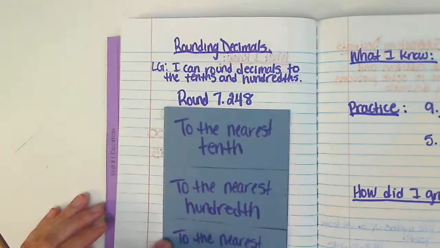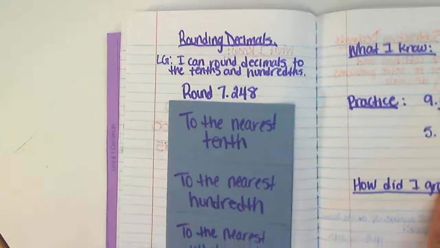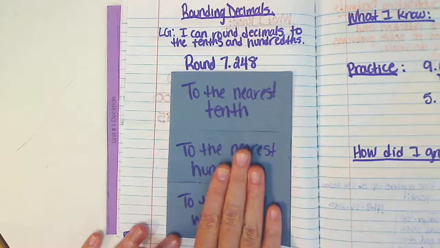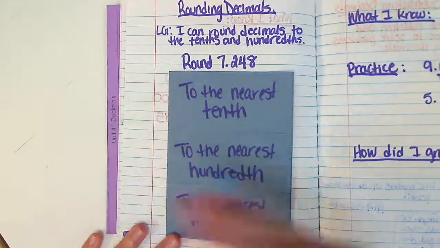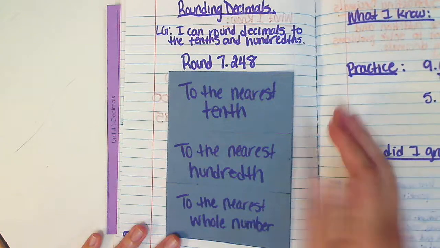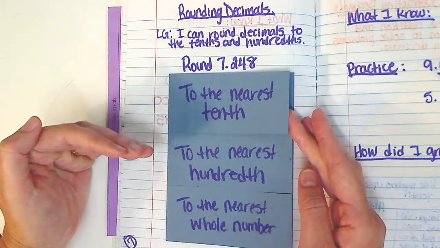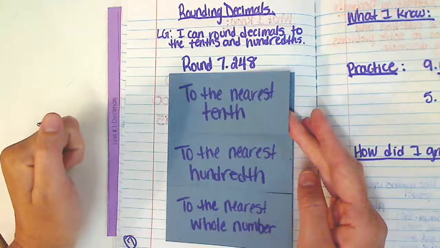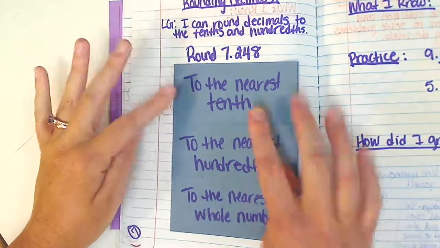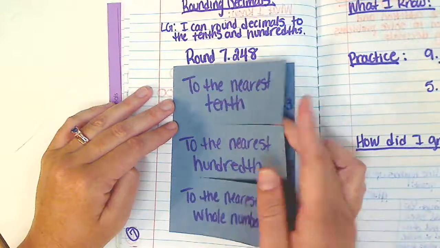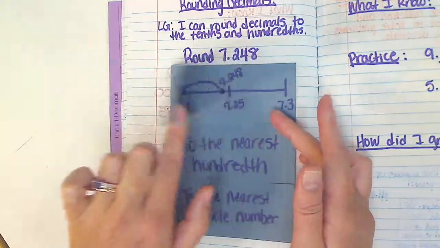Tomorrow, we are going over rounding decimals. I may be using a different foldable for them tomorrow, but everything else is basically the same. We basically talk about rounding decimals to the tenths or the hundredths place. If we have this number, we can round 7.248 to the nearest tenth.